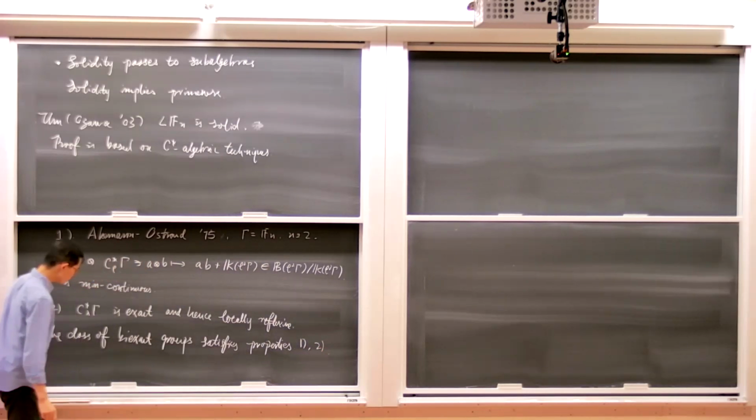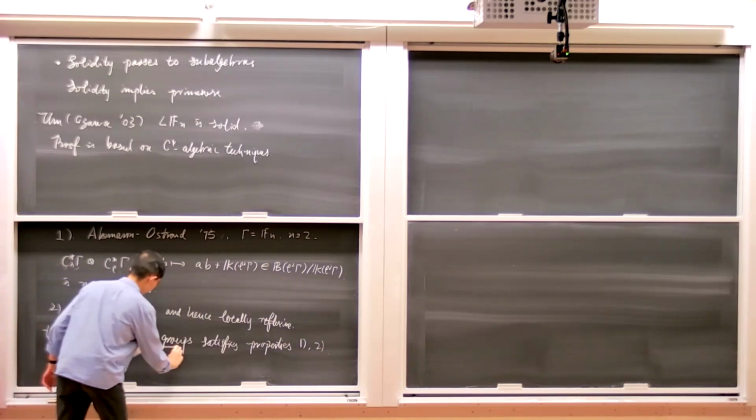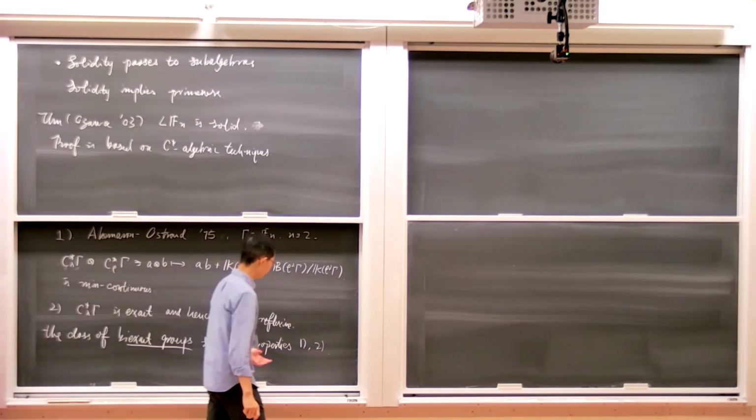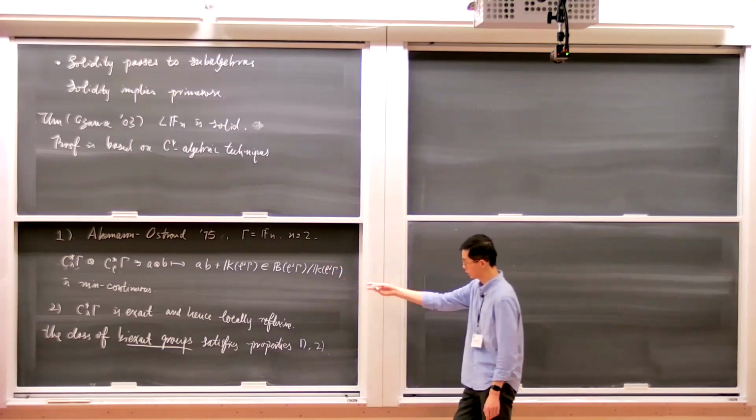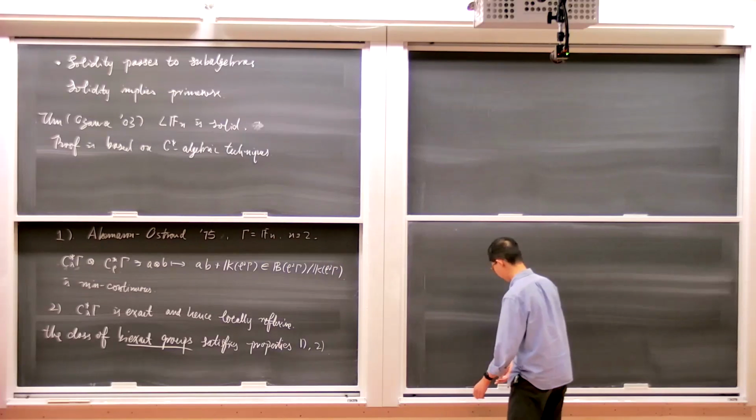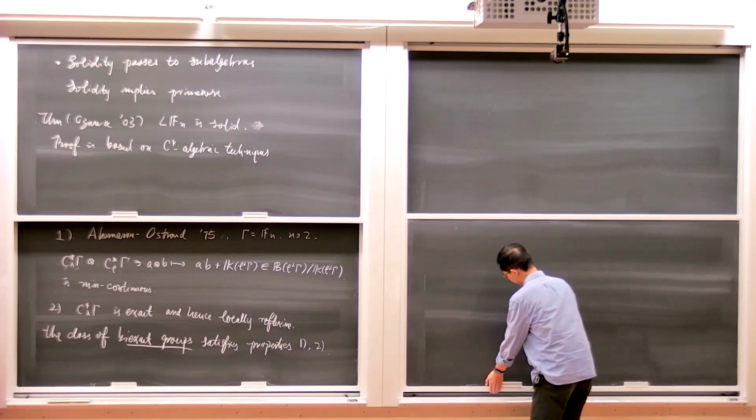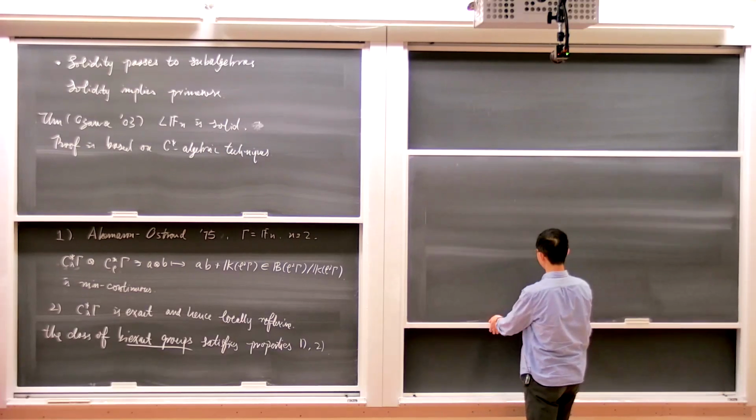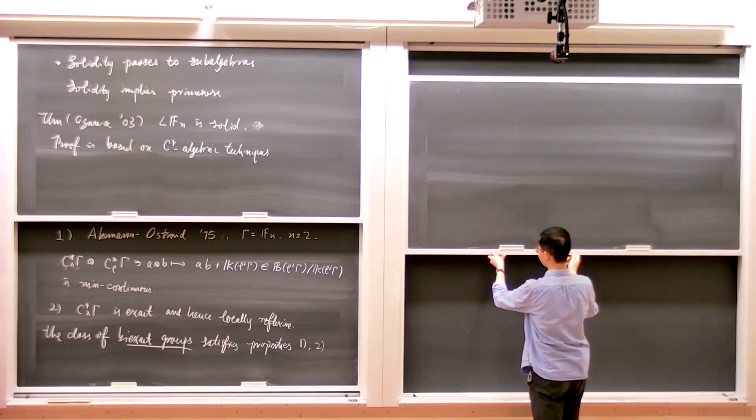This class of groups was introduced by Ozawa, and all of them satisfy those two properties, and that means that his proof goes through, and he showed that all of their von Neumann algebras are solid.